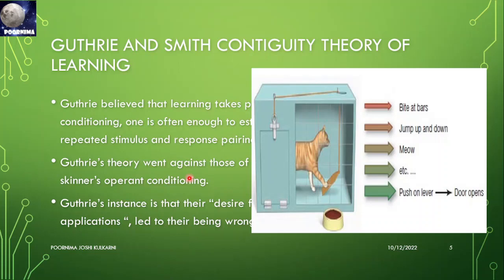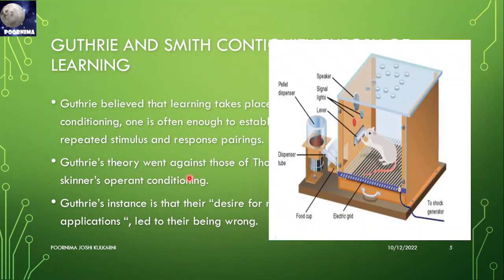After Thorndike's experiment, Skinner's experiment used a rat as a subject. Here, this is a lever. A sound will come here and lights will be on at the same time. At that time, the rat should put its leg on this lever, and food will be dropped as a reward into the box. And here, punishment of electric shock is also there.